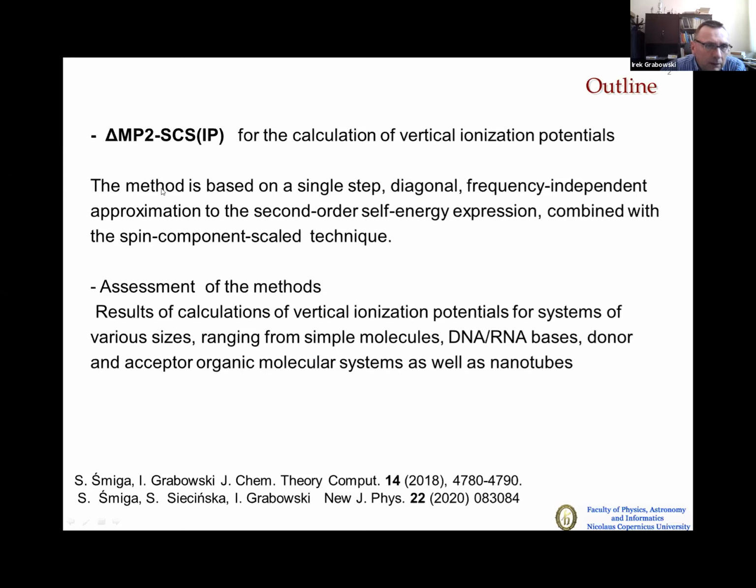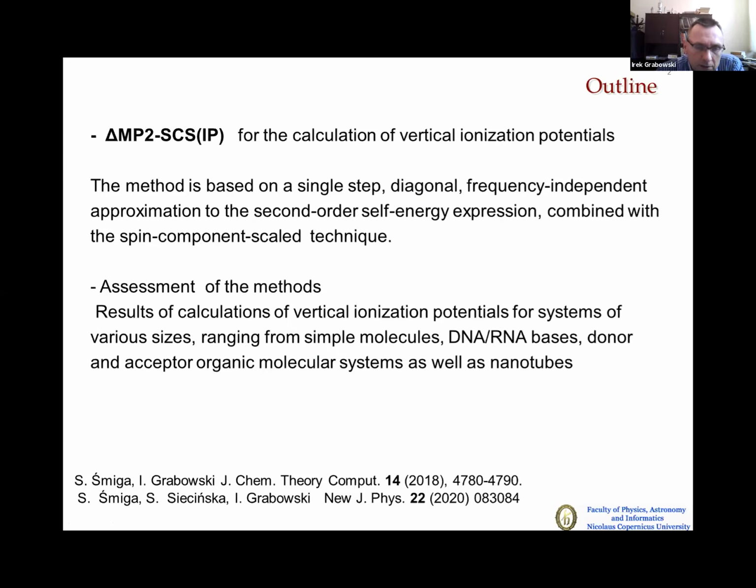So first I will introduce the method, and then I will show how we assess the method. We did many calculations to check how the method works, especially focusing on benchmark sets.